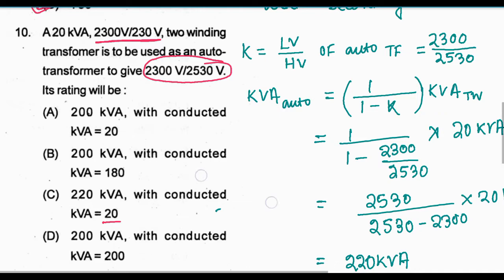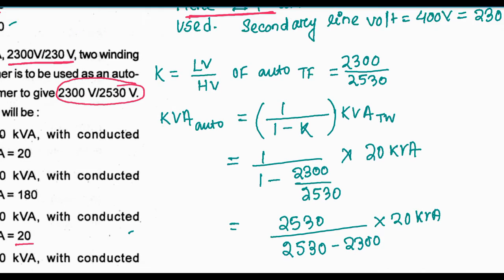Here I am explaining two methods. First, we have to calculate K auto, that is the turn ratio of the auto transformer, and K is always equal to LV by HV, that means it is always less than 1. So K is equal to 2300 by 2530. And what is the kVA of the auto transformer?